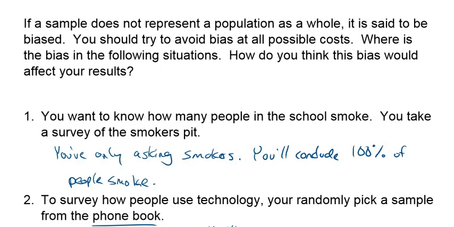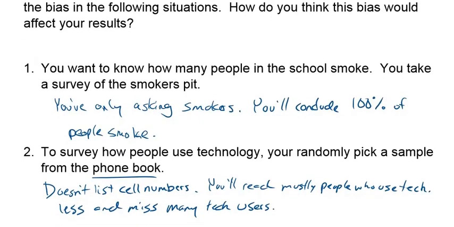All right, for scenario 2, it's asking to survey how people use technology. You randomly pick a sample from the phone book. In that one, hopefully you're going to notice that the phone book has no cell phone numbers. It's all landlines. So you're going to reach mostly the people who use tech less than others.